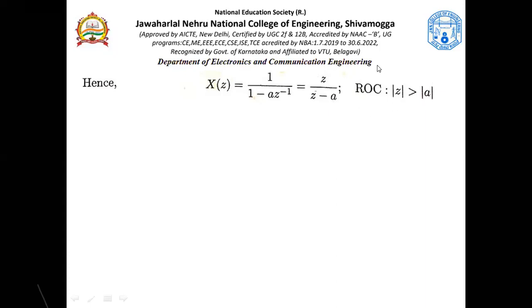How did they write this ROC? Okay, so this needs to be understood. Fine, that is what is our next task. How did you bring this ROC as Z greater than A? See here, for above X of Z, how to find ROC?